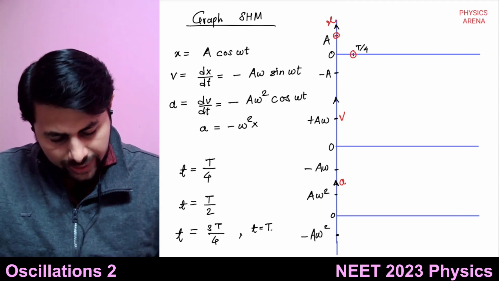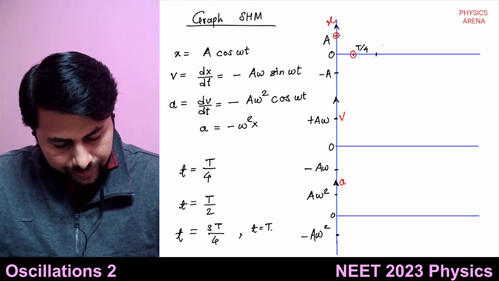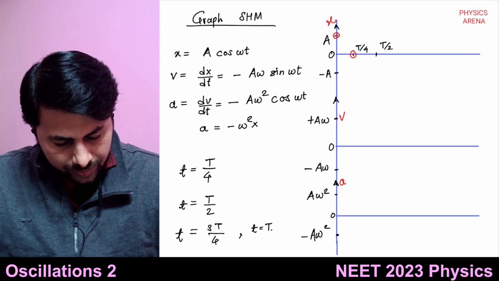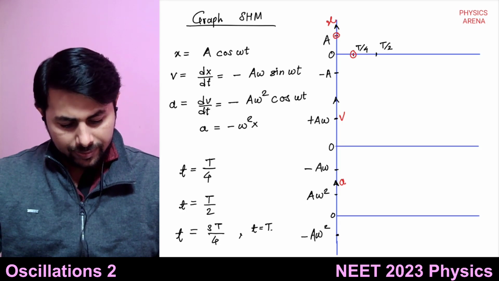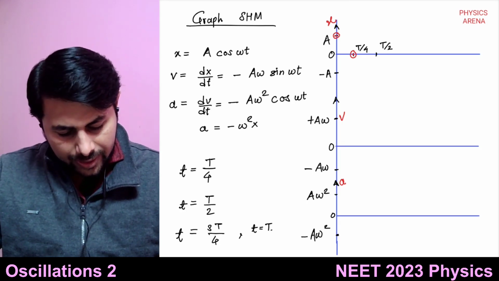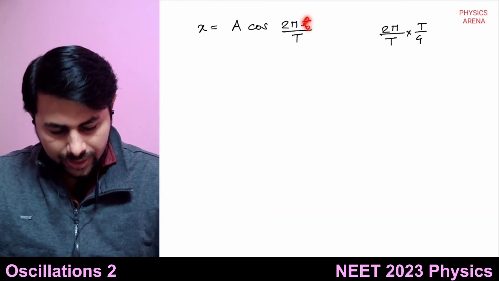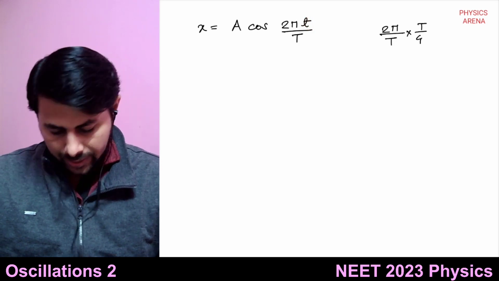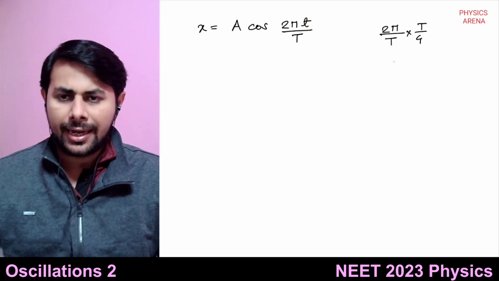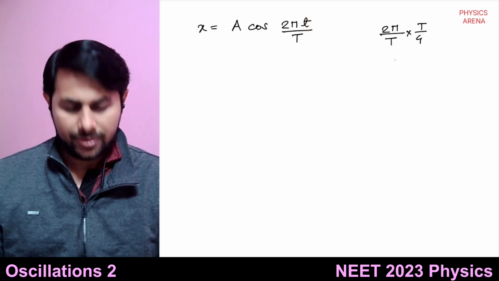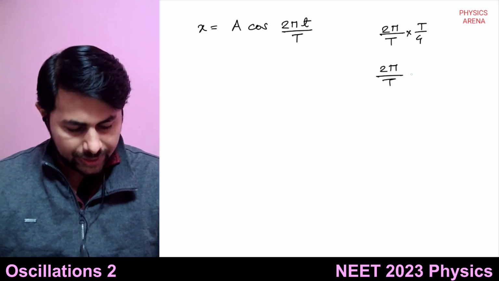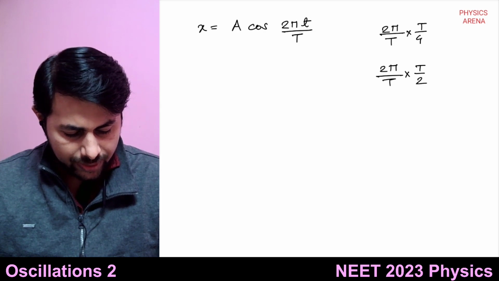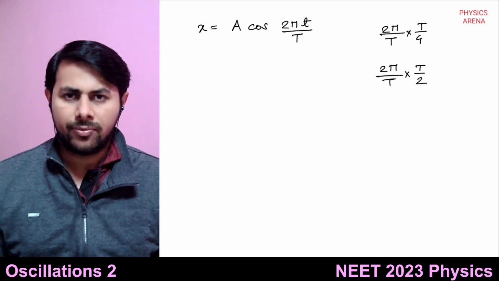Then you take T by 2. Okay, time is T by 2. Then what will happen? If you take t equals T by 2, that angle will be equal to pi. So it is 2 pi upon capital T multiplied by T by 2, right? This is omega t.